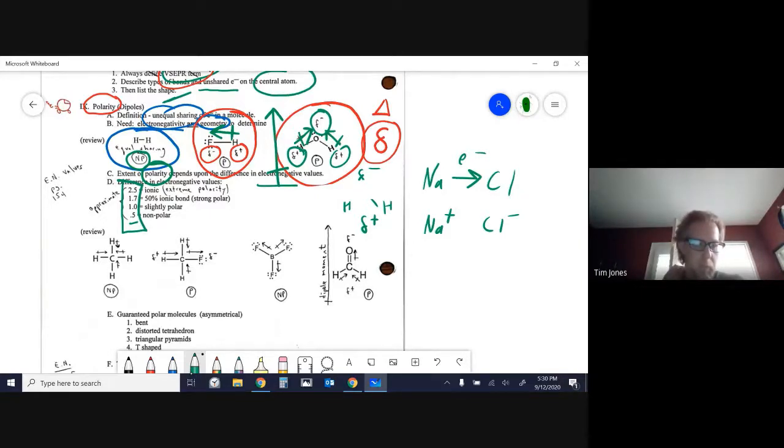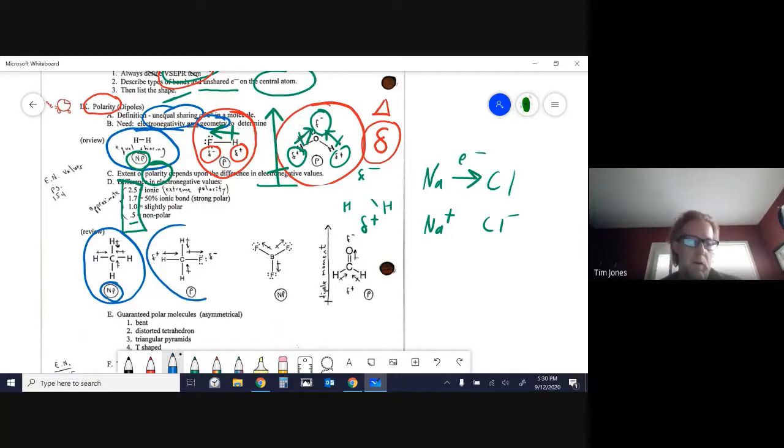In this example, CH4, the arrows end up canceling. There's a down, an up, a left, and a right. You're technically supposed to do this in 3 dimensions, but even if you do it in 2 dimensions, it works. And since the arrows cancel each other, it is nonpolar.